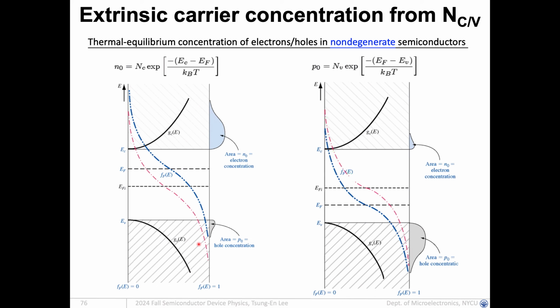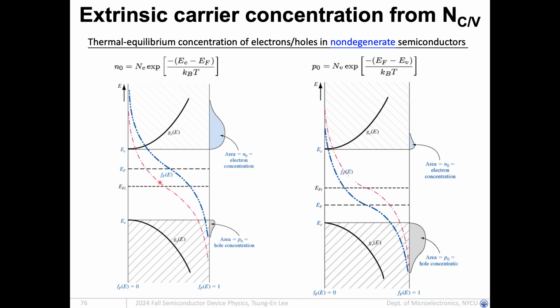So in the future, when you see the Fermi level shifting from the intrinsic position, which is close to mid-gap, gradually closer to the conduction band, that means the electron carrier concentration becomes larger. And as well for holes, if the Fermi level moves toward the valence band, that means the hole carrier concentration is increasing.